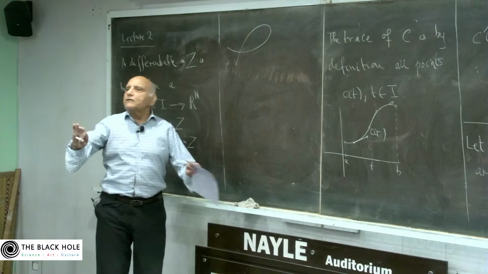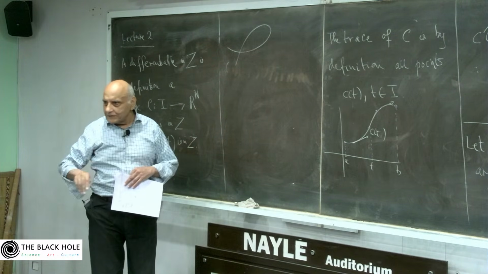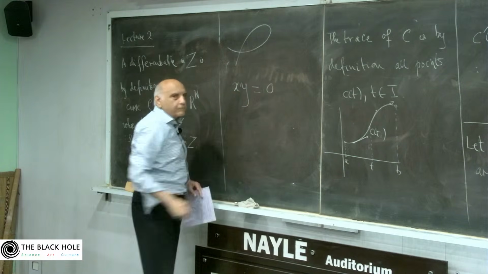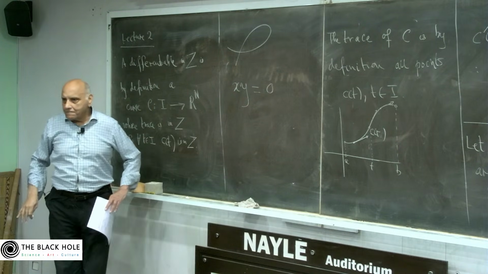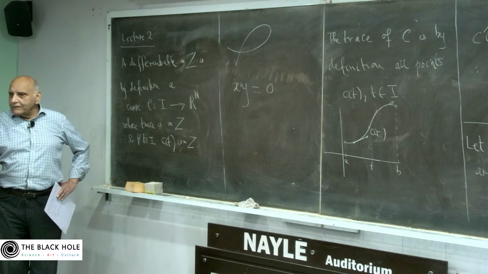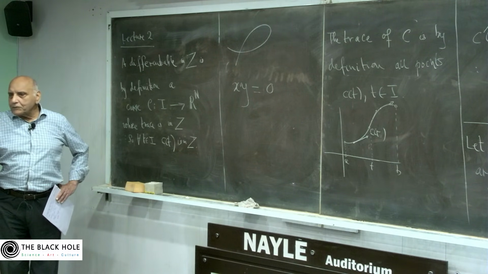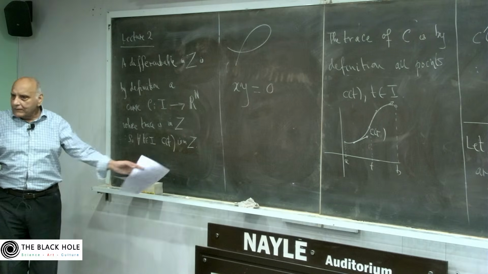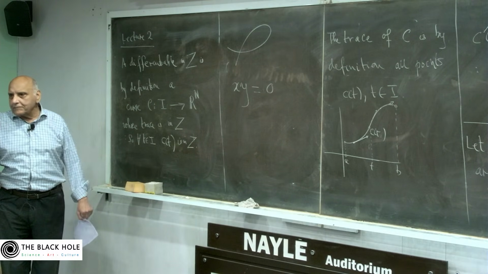This is a dialogue between myself and Parvez. So if I take xy equal to 0, this consists of the x-axis and the y-axis.